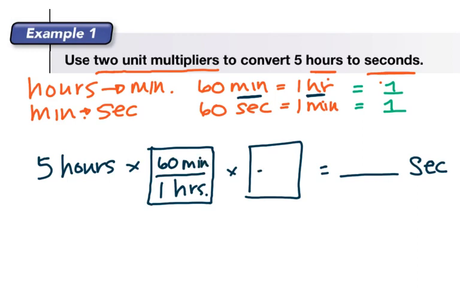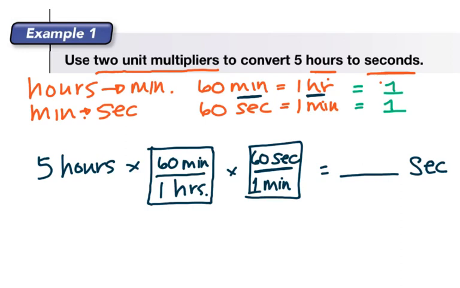Let's look at our second unit multiplier. This time, we're going to cross-cancel minutes, which means minutes is going to be on the bottom. So we come back, we look at this unit multiplier, and we have 1 minute down here with 60 seconds on top.